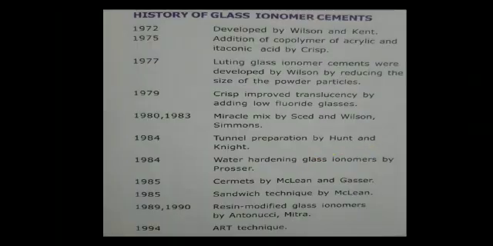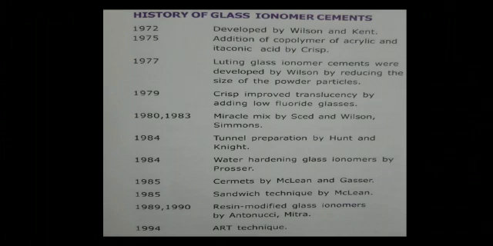History: in 1972, GIC was developed by Wilson and Kent, and in 1975, Crisp introduced the addition of copolymer of acrylic acid and itaconic acid. In 1977, luting GIC was developed by Wilson by reducing the size of powder particles.